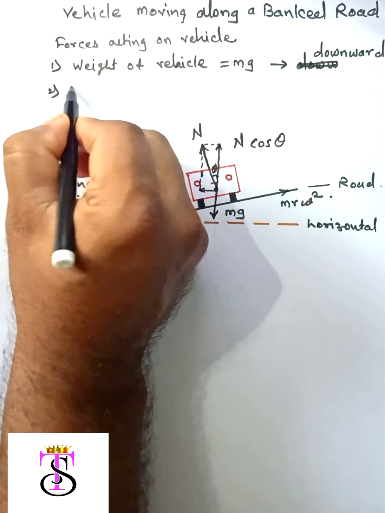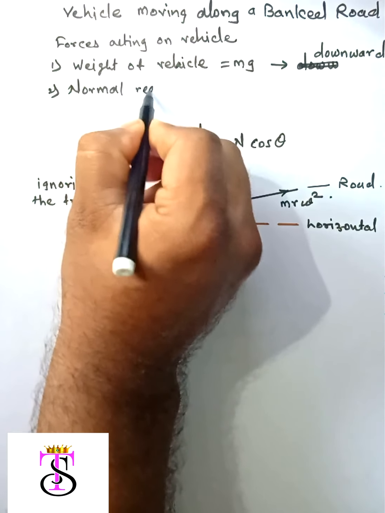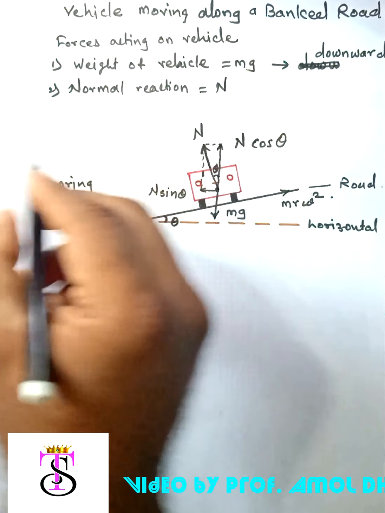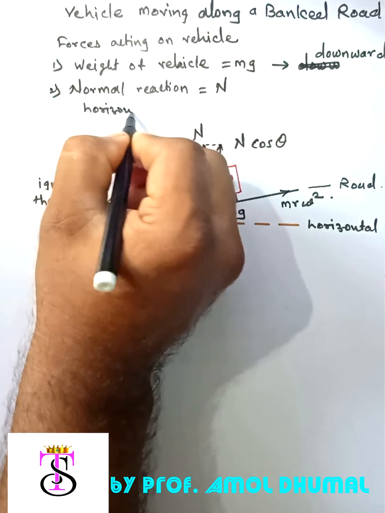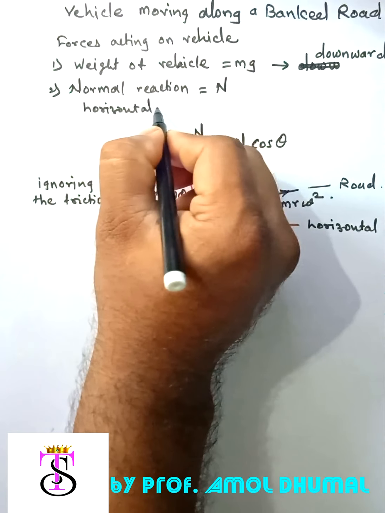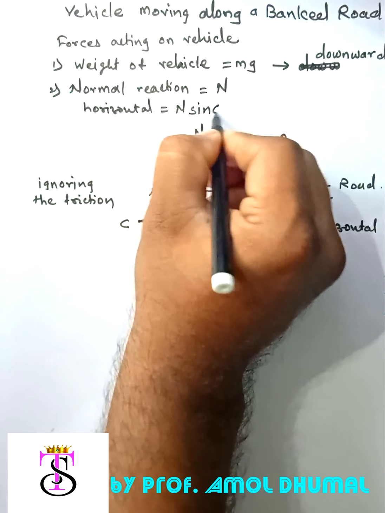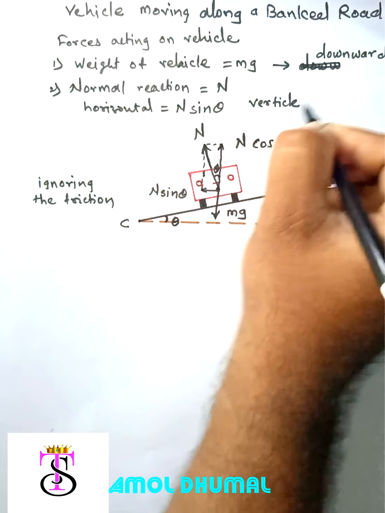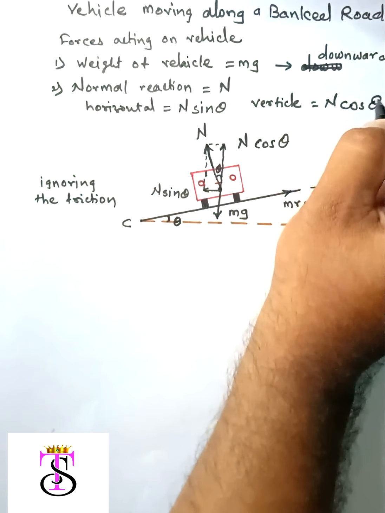Second, the normal reaction n, it has horizontal component n sin theta, and vertical component n cos theta.